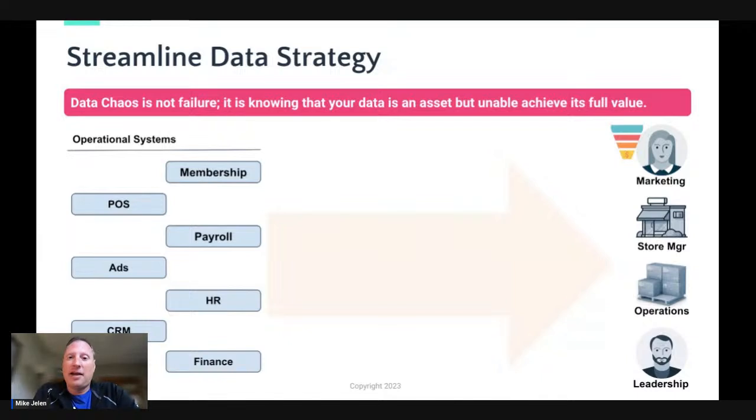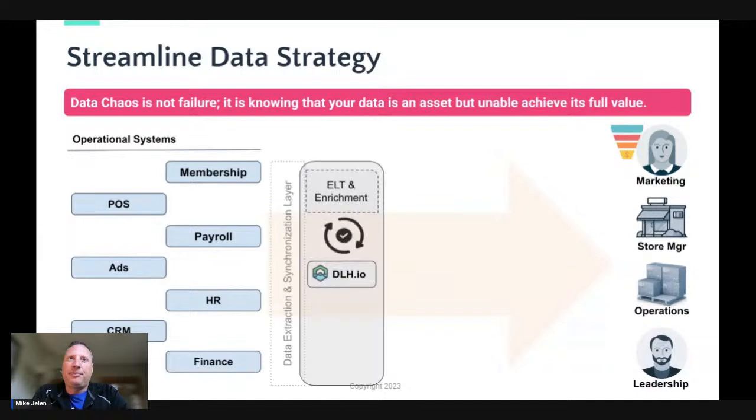That governance defines how these KPIs are calculated. What are things that are included? What are things that are not included? So that by the time this data gets to marketing, store, leadership, whoever, everyone's looking at the same definition, the same data that's gone through this governed process.